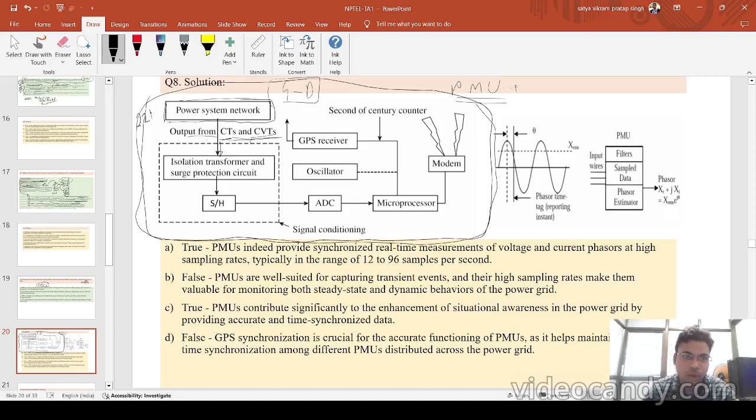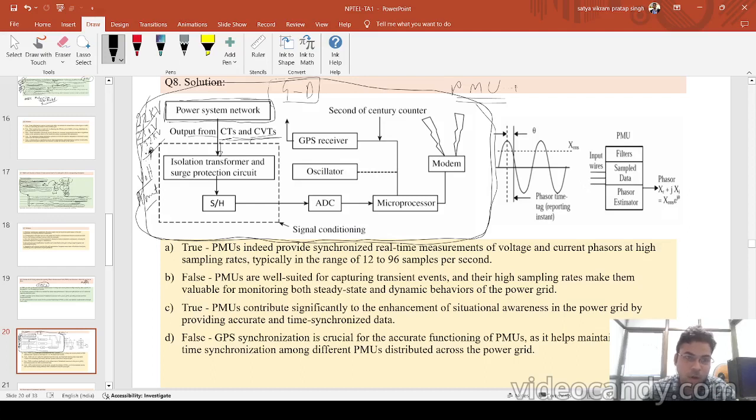Suppose that is a 22 kV voltage level, 230 volt level, 132 kV level. These kinds of voltage levels are there in your power system network. But for your measurement system, if you use a normal voltmeter or ammeter for measurement of this kind of voltage, then that will not be a feasible option.